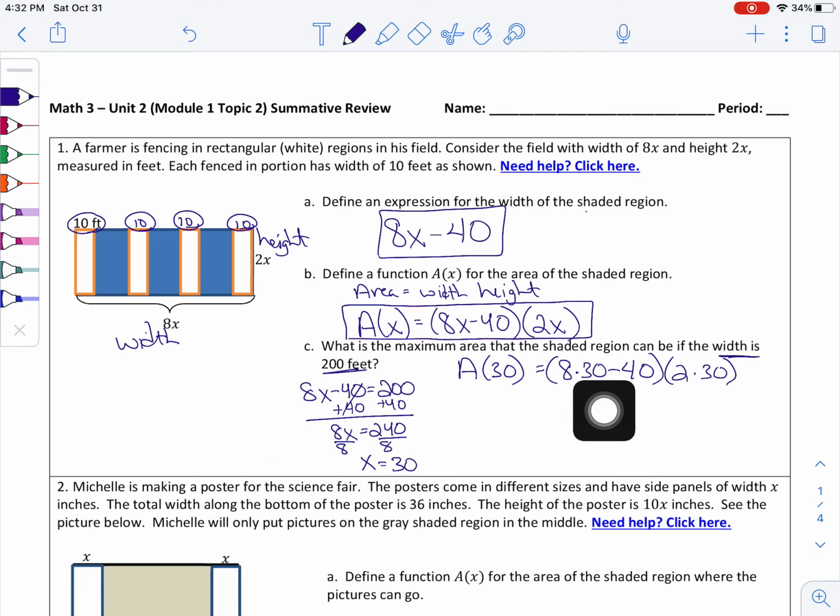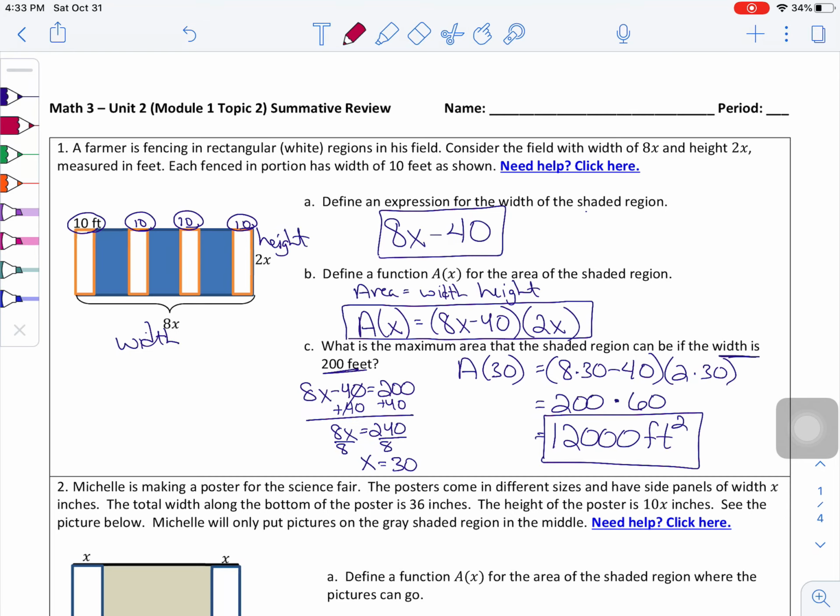So 8 times 30 is 240. 240 minus 40 is just 200. And then 2 times 30, so this is going to be times 60. So 200 times 60 is equal to 12,000. And now we want to give it units. Everything in this problem was in feet, and area is going to be feet squared. All right, so that's problem number 1 for this farmer with his fence.